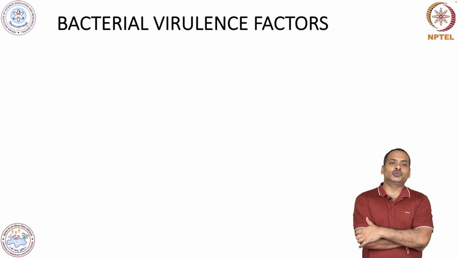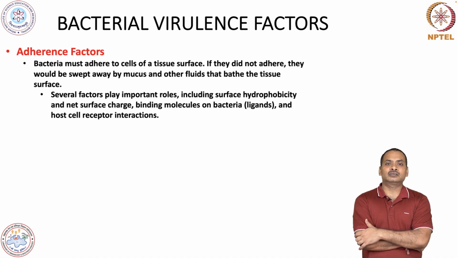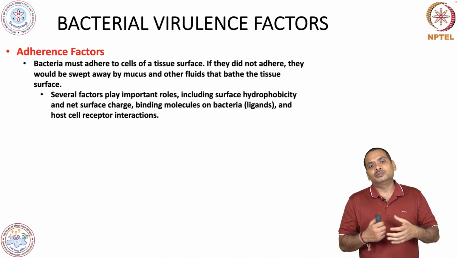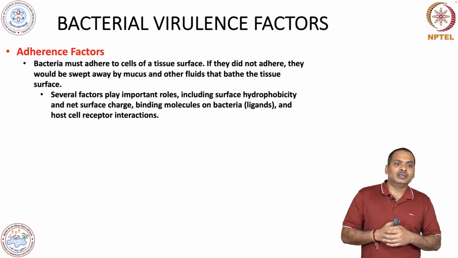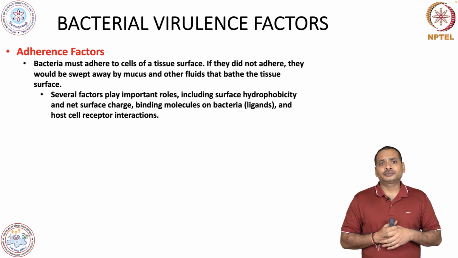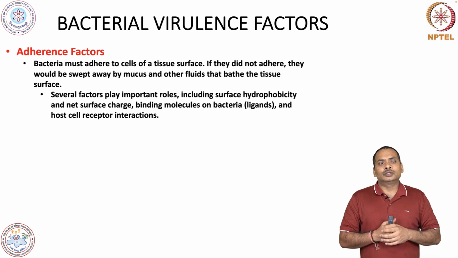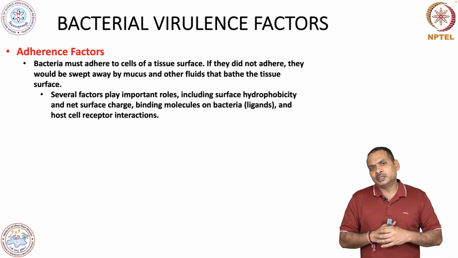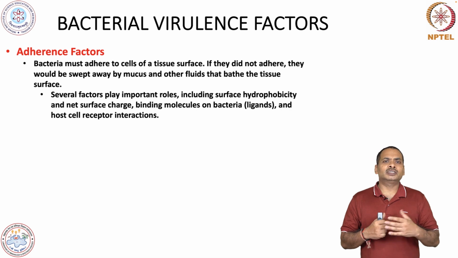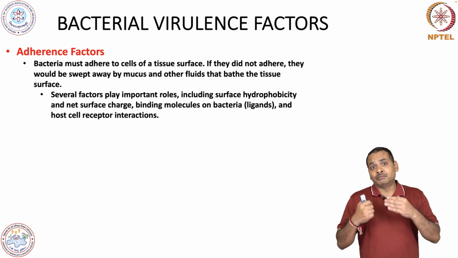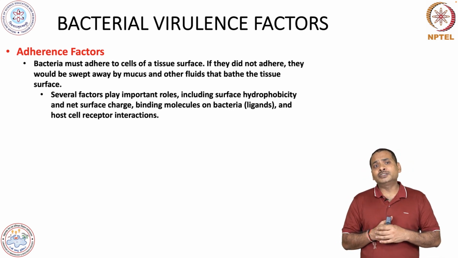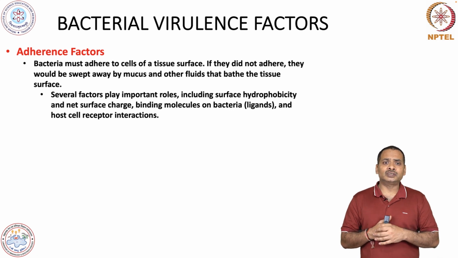So the next question is, what are the bacterial virulence factors? It could be an adherence factor. In order to infect the host, I told you there are several steps. One of the important steps is adherence. Bacteria must adhere to cells or tissue surfaces.